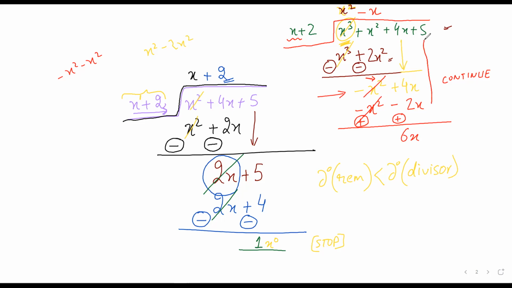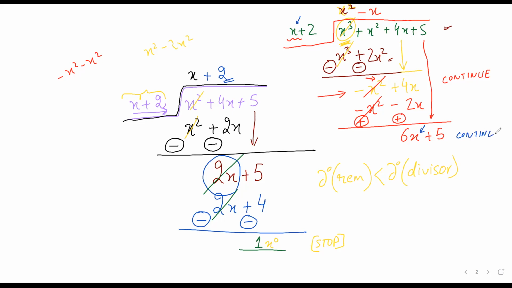This 5 will come down. Again, if you look at the degrees, its degree is 1. We want the degree of the remainder to be less than the degree of the divisor. So therefore, the process will still continue.